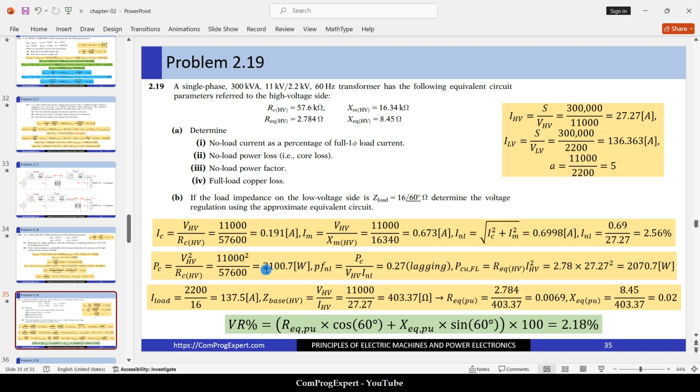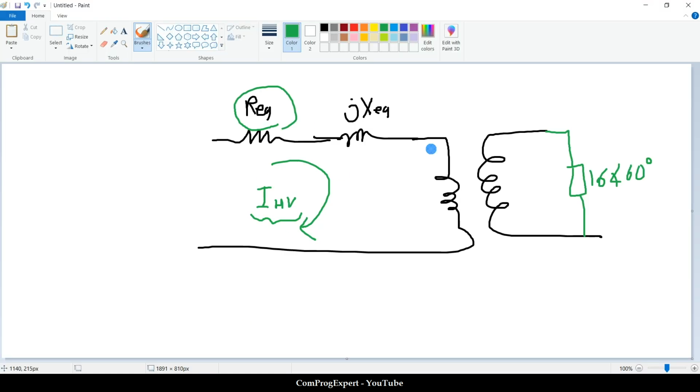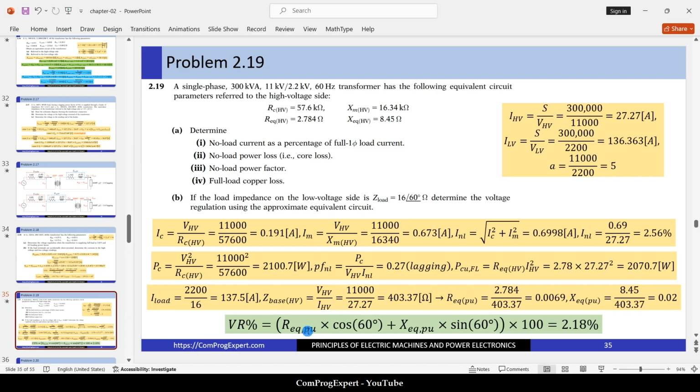Yes, here we have the equivalent circuit, and in this case I am going to use this equation to calculate the voltage regulation. Our load is inductive, so here the sign is the plus one. Yes, we should use this equation.